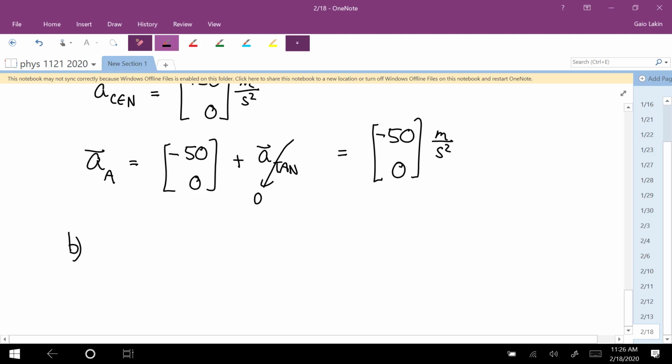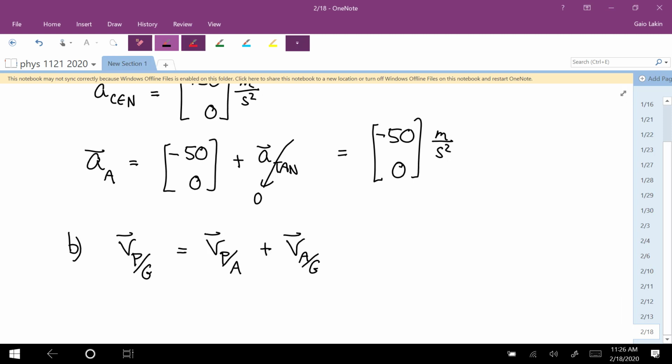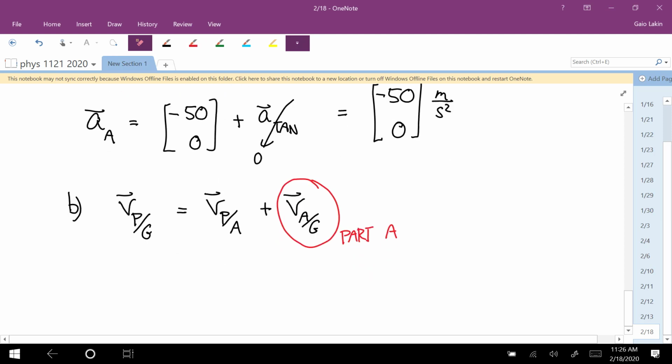For part B, the velocity of P relative to the ground is equal to the velocity of P relative to A plus the velocity of A relative to the ground. This one we got from part A. And the velocity of P relative to A is a circular motion question.